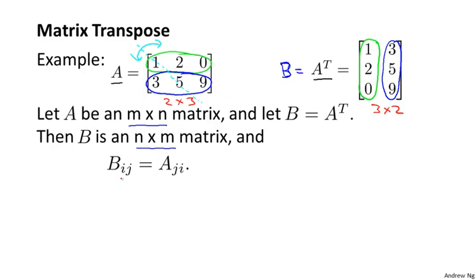And moreover, B_ij is equal to A_ji. So the ij element of this matrix B is going to be the ji element of that earlier matrix A. So for example, B12 is going to be equal to this element 3, right? First row, second column.